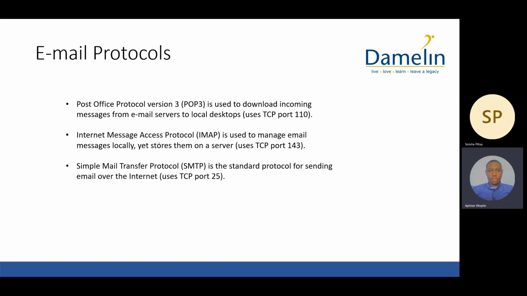Everything still resides on the server. You can access the messages locally, but it's not downloaded onto your phone, for example. SMTP is the only protocol that exists for sending emails. So when you're asked for SMTP or POP3 settings on your phone, you have to know the difference between the two.